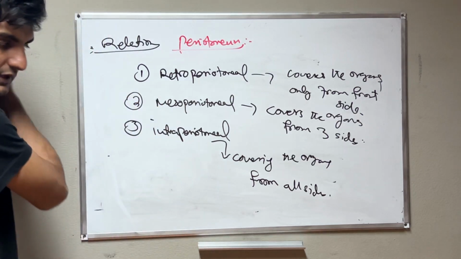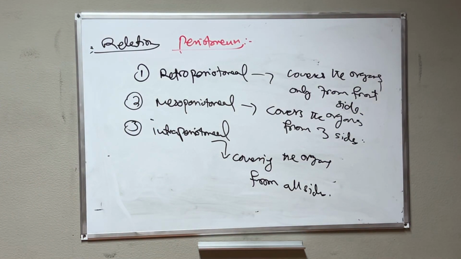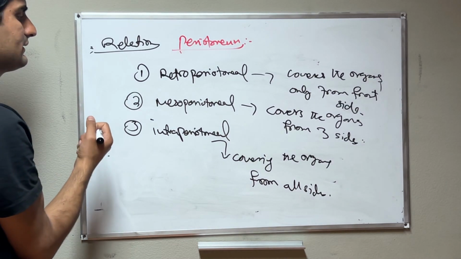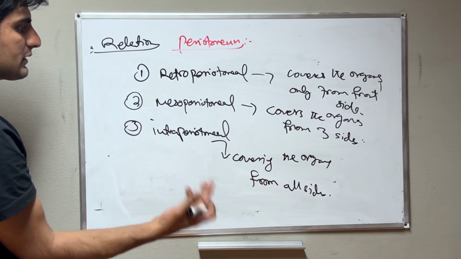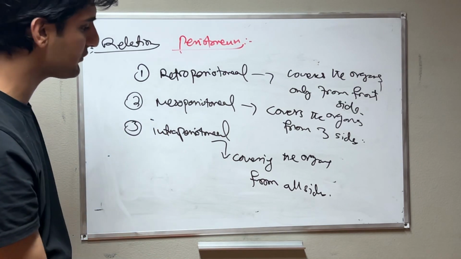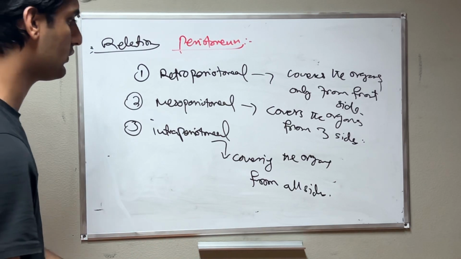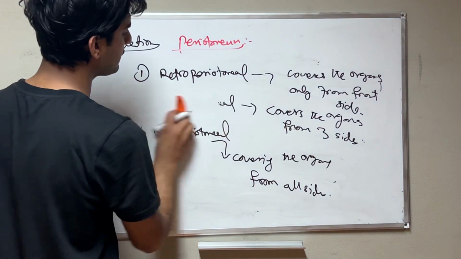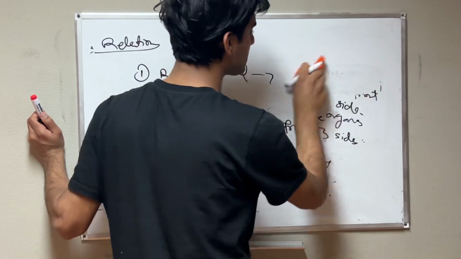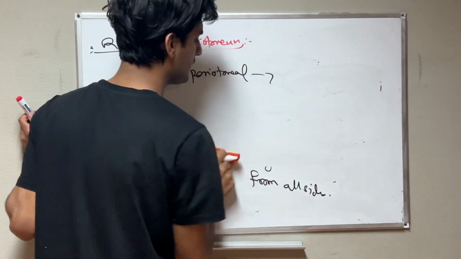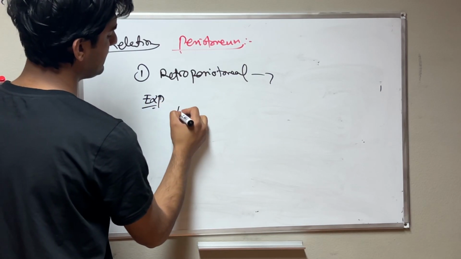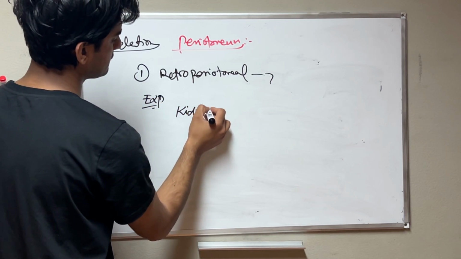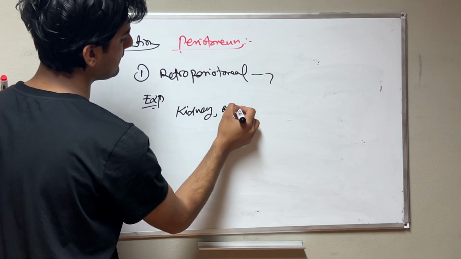Now we will continue with examples of each relation: which organs are covered retroperitoneally, which are mesoperitoneal, and which are intraperitoneal. First, retroperitoneal organ examples, which are covered only from the front side: kidney and adrenal gland.